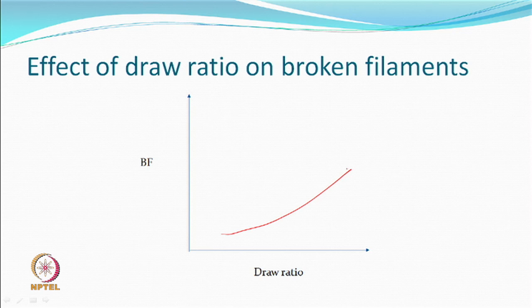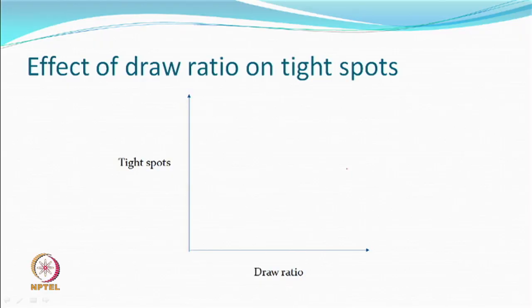So, it will only increase, because at T2 they are untwisted yarn, and in untwisted yarn the filaments are vulnerable at that point whenever you increase the T2. And the tight spots?